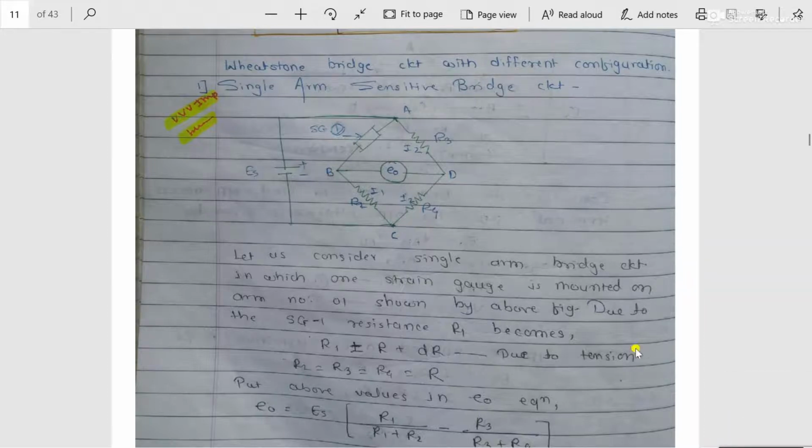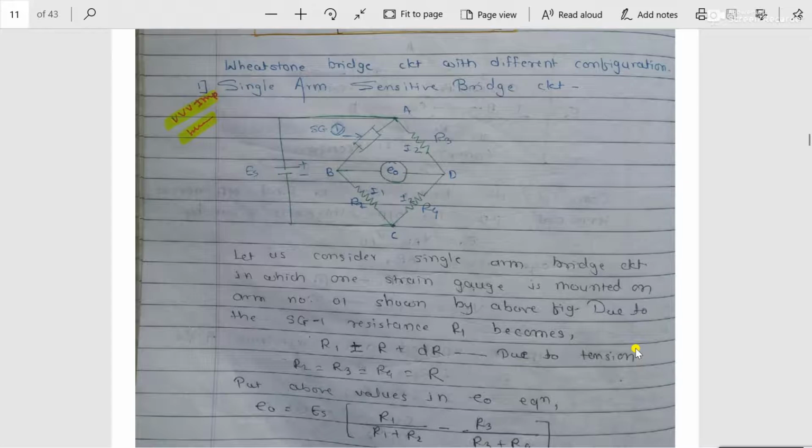Okay, so now we'll start with the Wheatstone bridge circuit with the different configurations. Basically there are a total of 6 configurations for the Wheatstone bridge circuit, and these configurations are classified according to the number of strain gauges used in the bridge circuit, as well as the manner in which the strain gauges behave, whether linearly or laterally, or whether in tension or in compression.